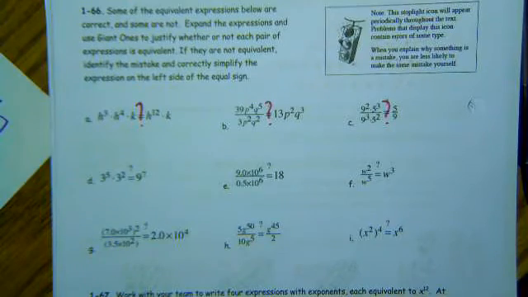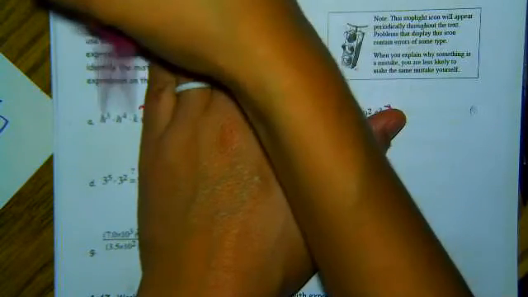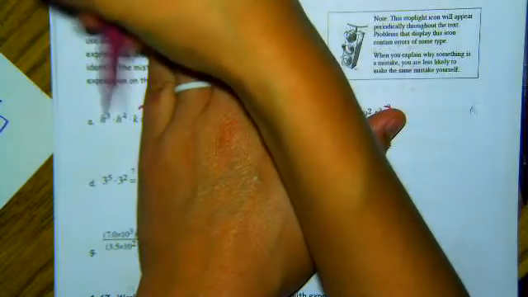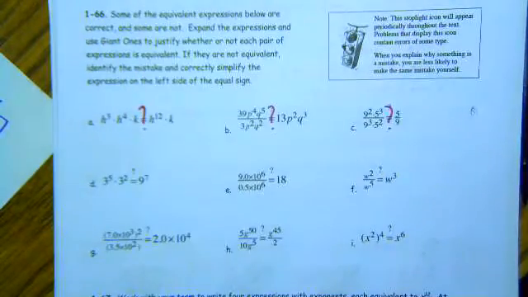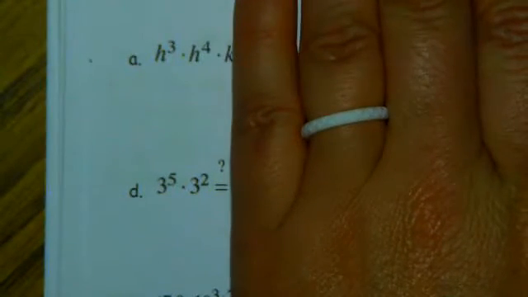So what you can do, cover up that right side, actually do this problem, simplify it like we just did. Take your hand away and see if it's right. If it's not right, then you know that it doesn't equal it. So let's do the first one, and then I'm going to let you do the other one. So I'm going to cover this up, and I'm going to say, okay, I'm going to expand these out.